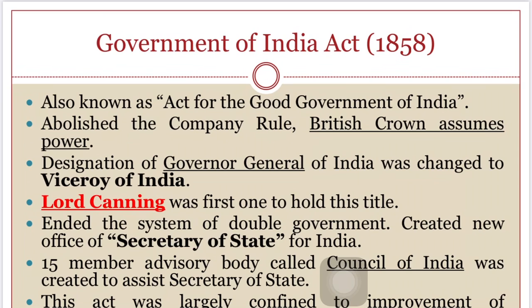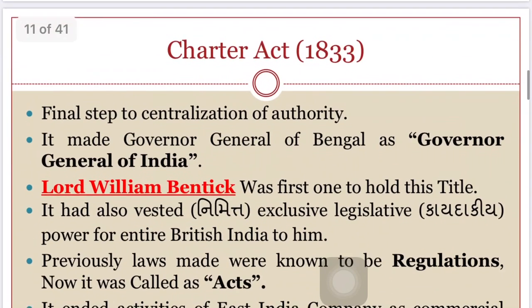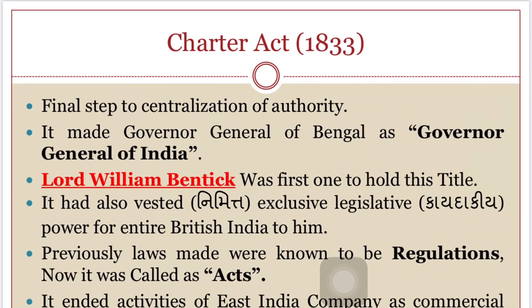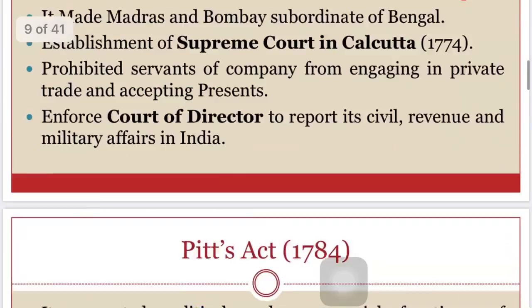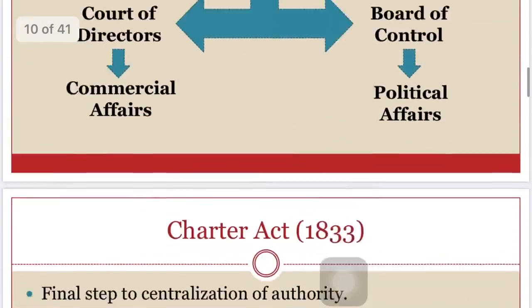After the Governor General of India, the British Crown assumed the power. Lord Canning was the first to hold this title. Earlier, Lord William Bentinck was the Governor General of India, as well as holding the title of Governor General of Bengal.